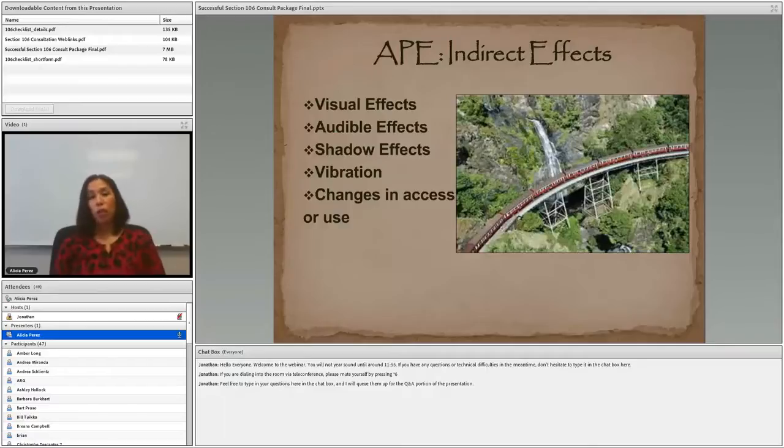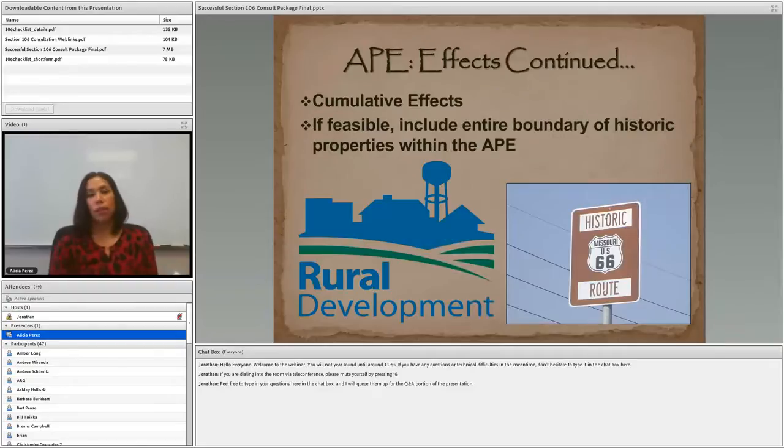So the introduction of the railroad, of course, would not only have a direct effect, but perhaps visual, audible, shadow, and vibration. So just things to keep in mind. Not all undertakings are going to have an indirect effect, but you definitely want to be aware that that is a possibility. And again, your APE, there is only one, so it's going to include both direct and indirect effects.